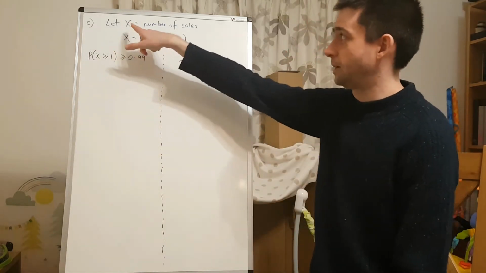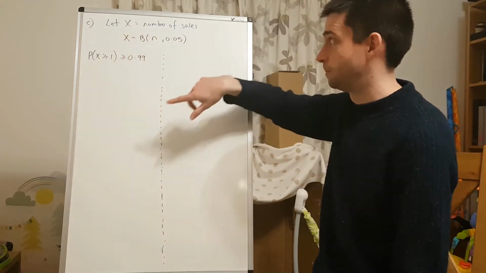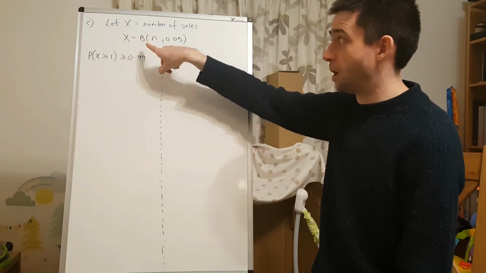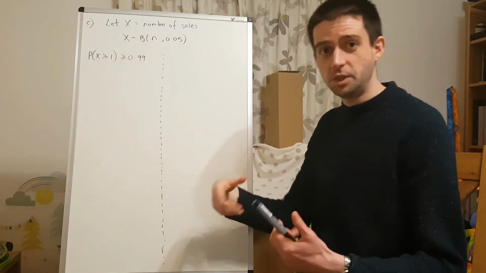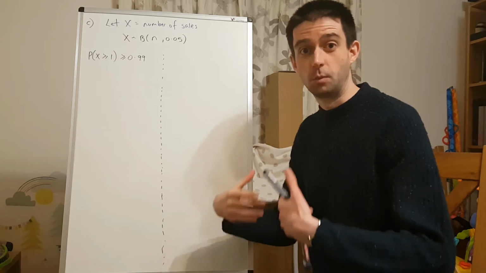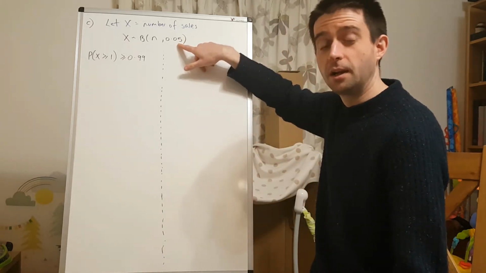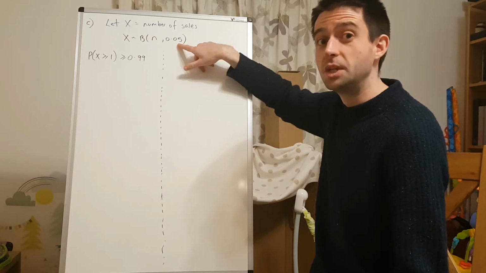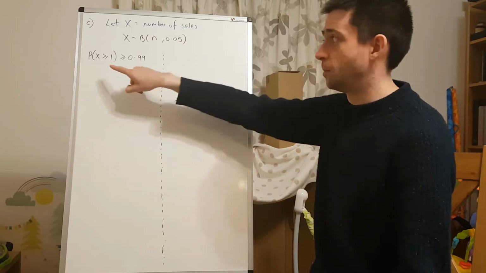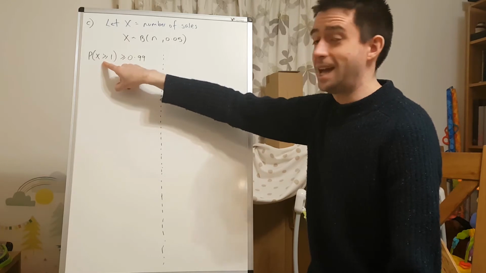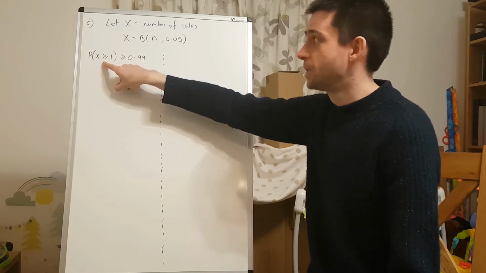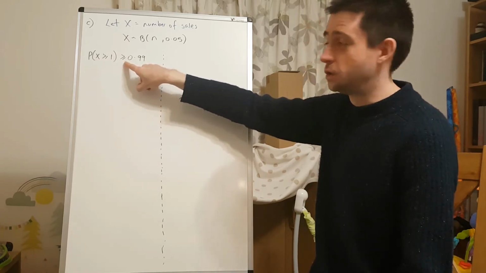I've said let X equal the number of sales. Then X would follow the binomial distribution with n, because we don't know how many customers there are, that's what we're finding out. But we know the probability of selling a car to each of those customers is 0.05. The question is that the probability that X is greater than or equal to 1 has to be greater than or equal to 0.99.